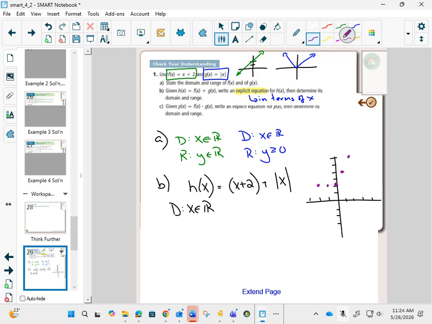At negative 3, I would have negative 1 plus 3, because the absolute value would make it positive, giving me 2 again. Well, this is kind of interesting. Those are all flat. Are they always going to be 2? Go back, minus 4. Does minus 4 give me 2 again? Yes. So it seems like it's flat here and like this, so my range is bigger than or equal to 2.